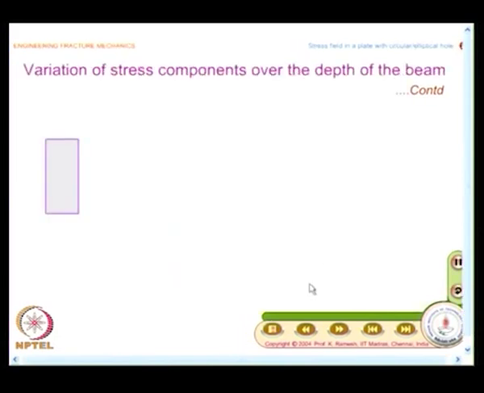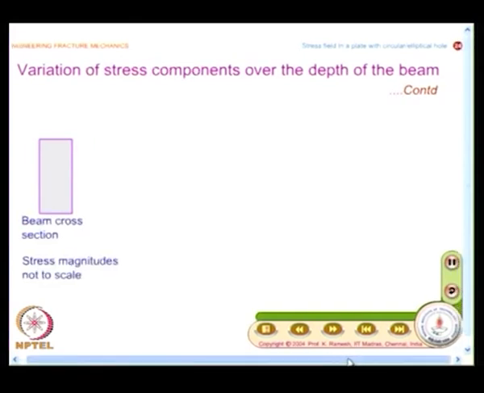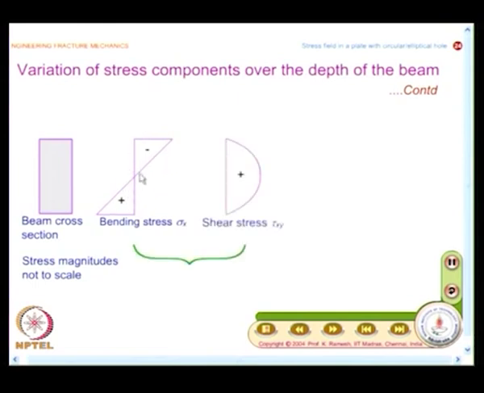This is pictorially represented in this slide. You have the cross section of the beam, and you have the bending stress which varies linearly as in strength of materials. You have the shear stress, whose variation is also parabolic, with top and bottom surface shear being 0, and you have the correction term to sigma x.